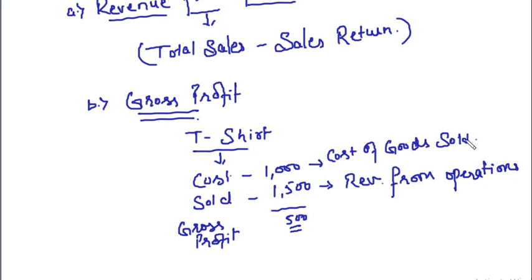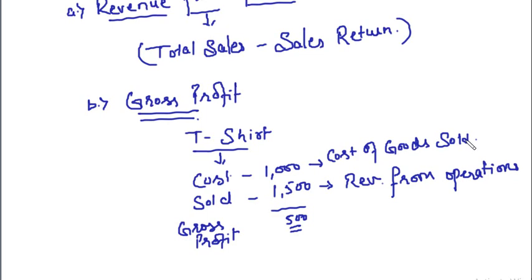Clear? You are a t-shirt manufacturer. The cost of manufacturing a t-shirt for you is 1000 rupees and you sold that t-shirt in the market for 1500 rupees. So 500 is what? 500 is your gross profit. 1500 is your revenue from operations, that is whatever you have earned by selling your product. And what is 1000? 1000 is your cost of goods sold.